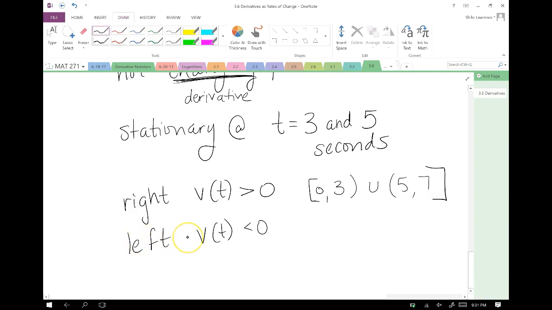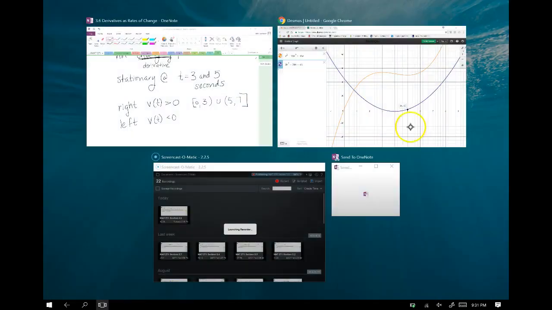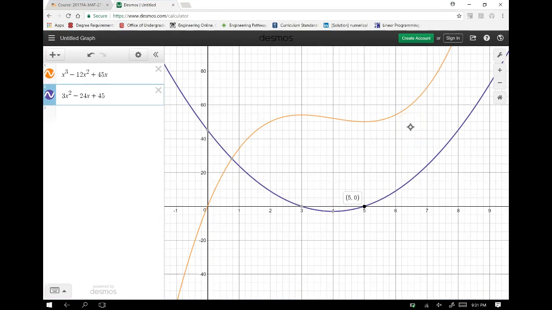And then it's moving to the left. If you look back at your graph, at that little piece right here, it's below the x-axis. That's when your velocity has negative values. That's when we're moving back to the left. And if you look at the original function, that's when it's going back down. That's when it's getting closer to the x-axis. We're losing position in those spots.